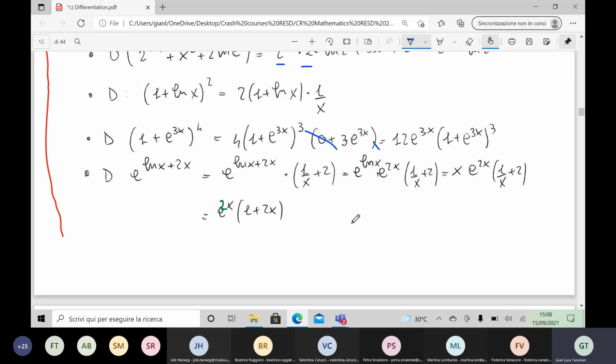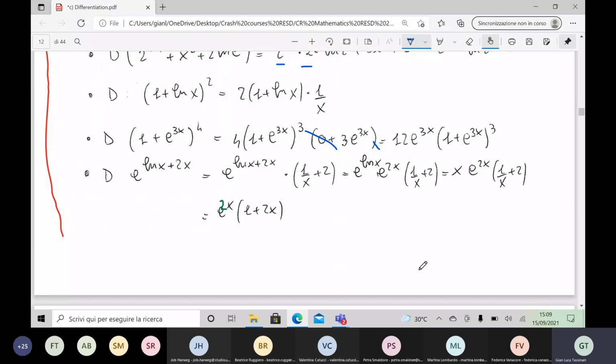Okay, we solve it, then I ask you a question, but I answer the question. I ask you, but I answer, only to make you think, so you answer in your mind. Okay, so x times e to the power 2x, then I made the common denominator. So make the common denominator, because in the denominator you would have x, and in the numerator 1 plus 2x. Then you can simplify x with the x in the denominator. So for this reason here I reported e to the power 2x times 1 plus 2x. Guys, okay, this is the derivative.